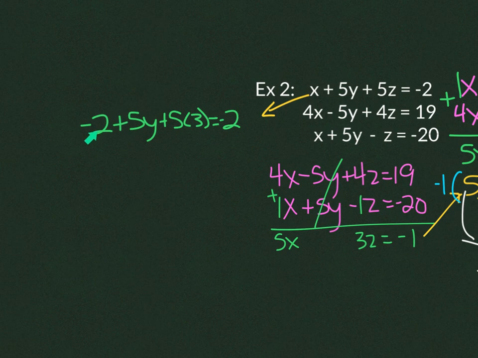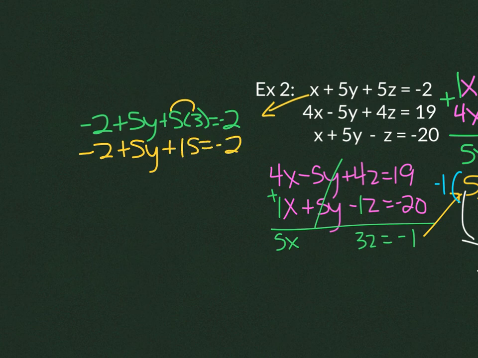Alright, I've replaced the x with -2, the z with 3, and now I can start solving this. I'll need to multiply that. X didn't have a coefficient, so I didn't have to put him in parentheses. Gives me 15. I have like terms. The -2 and the 15, I can combine those together. That would be 13 plus 5y equals -2.